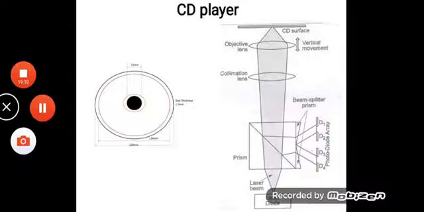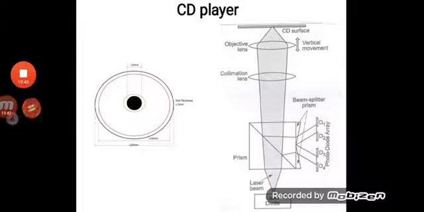Once that binary data is available, we can convert it into analog form, retrieve the original audio signal, and pass it on to a loudspeaker. This is how a CD player works.